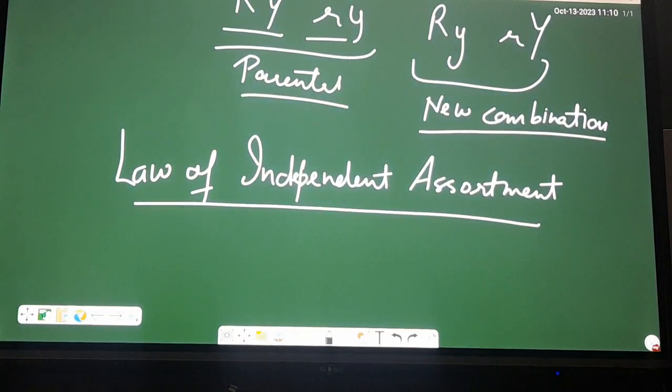That is why you can get new combinations, because they are alleles of different traits and they get separated.